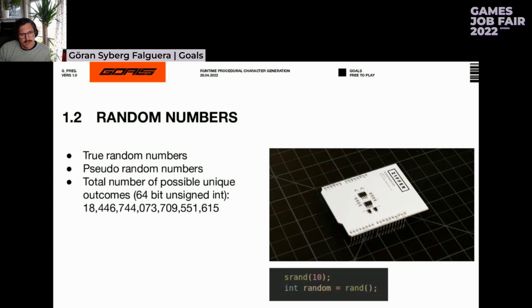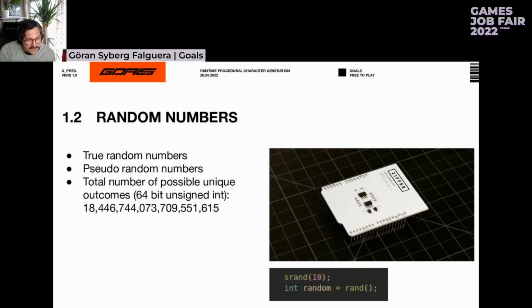So from just a 64-bit integer input seed, we can have 18 quintillion different characters if they're 100% procedural. So this is about where my head exploded the first time I grasped this. Let this sink in for a while as we talk about the game characters, so we can connect the dots later.